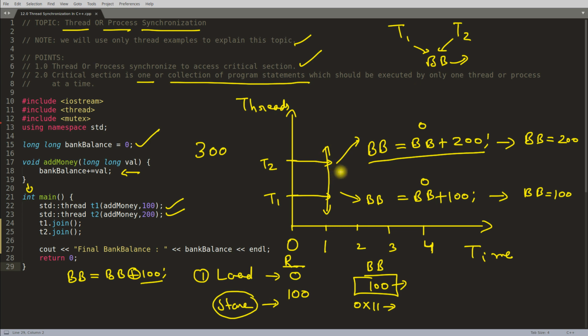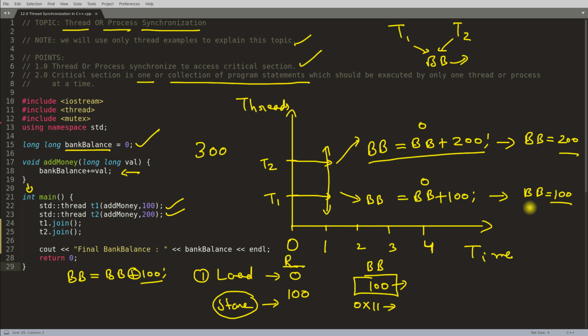But let me tell you one thing, it is quite possible that in maybe 1 million or trillion times you may end up in this situation. And if this is really a bank balance and if your system is really like this, you may end up corrupting your system, and this is not good for any company.